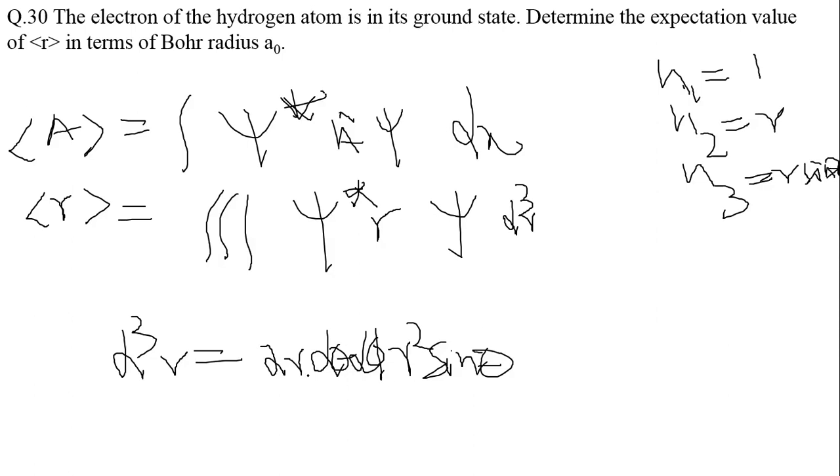So there will be h1 dr, h2 d theta, and h3 d phi. So the volume element will be dr d theta d phi into r square sin theta.